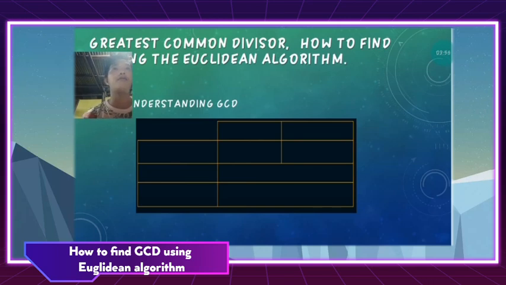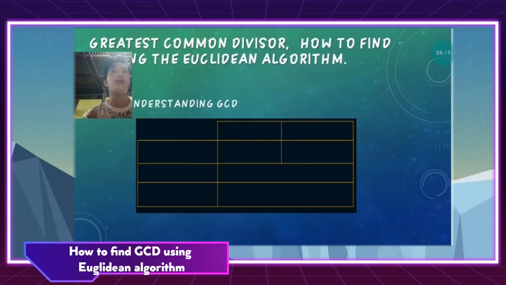We take an example for understanding the GCD, the greatest common divisor. As already mentioned, we are going to find the GCD of two different numbers. That's why I have taken two different columns. Firstly, I'm going to take two different numbers.